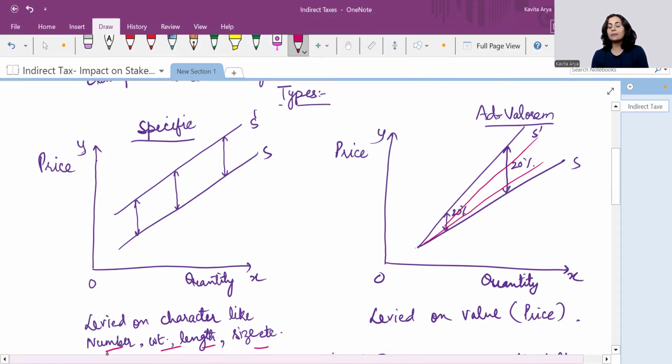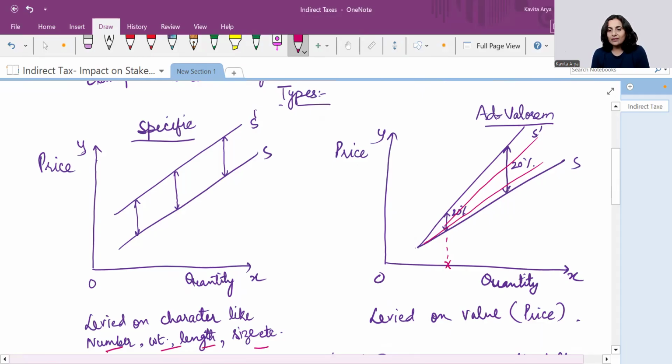But ad valorem talks about the tax which is on the basis of the value, meaning the price which is paid for that thing. So as the price goes up, the tax value comes out higher. For example, 20% of 100 rupees is 20, but 20% of 1000 is 200, and 20% of 10,000 is 2000.